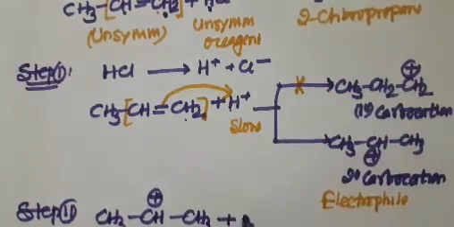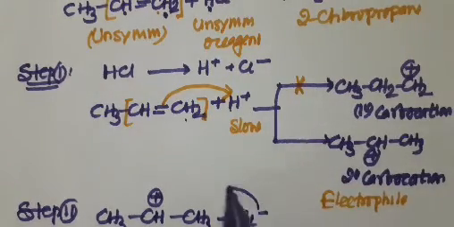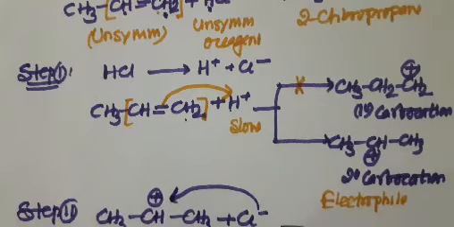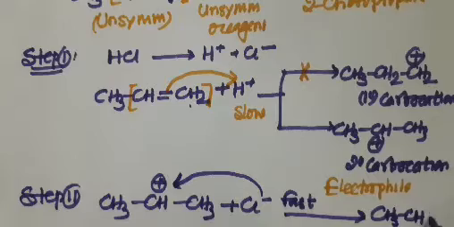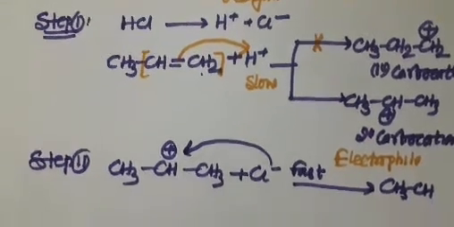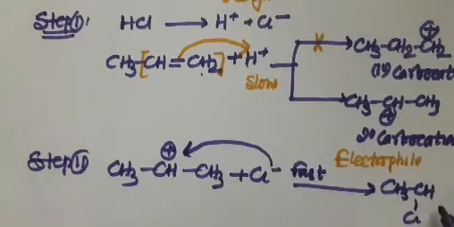The Cl minus interacts with this carbocation part and the reaction occurs very readily and the resultant product will be CH3CHClCH3.